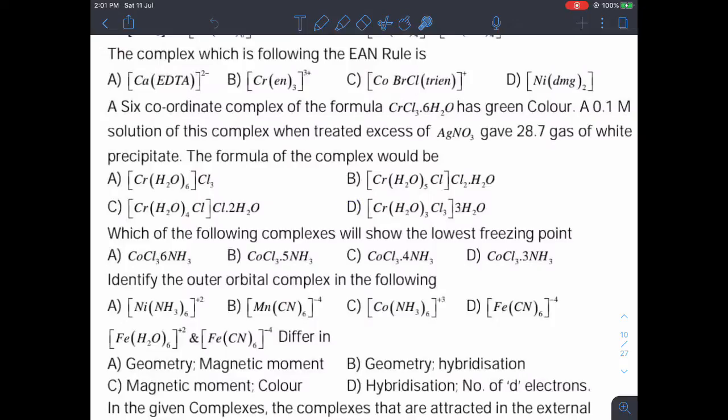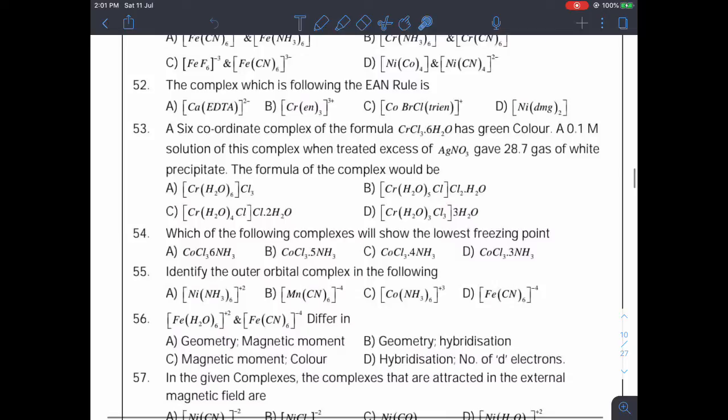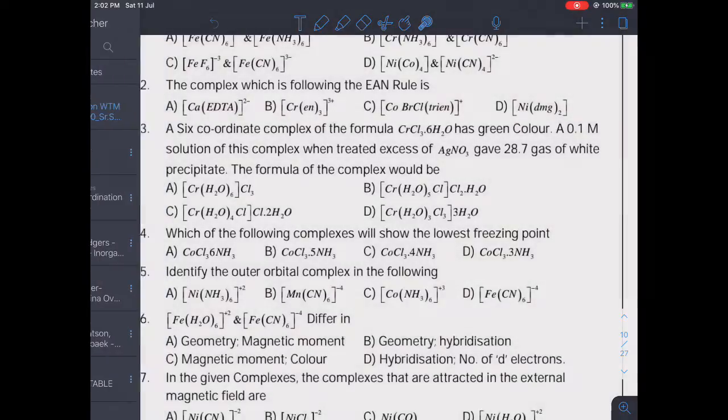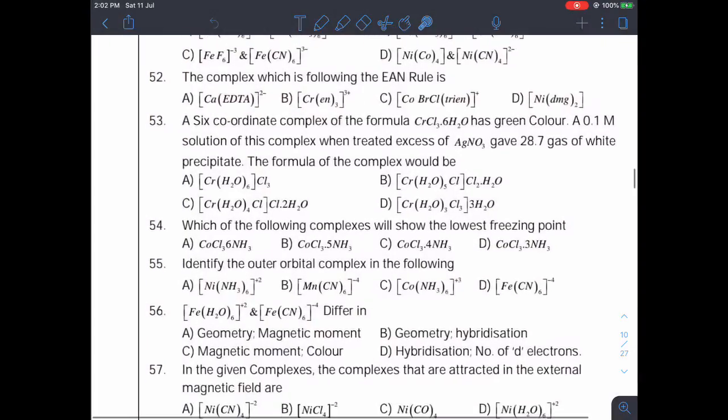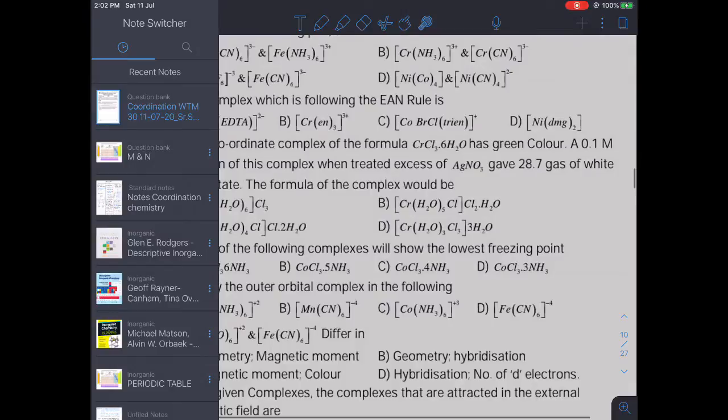For that, it is 0.1 molar. The correct thing should be written here as 0.1 mole in 1 liter. I think there should be an addition of one word, but it's okay. We will understand and take 1 liter by default. If 1 liter of some complex is taken, we don't know how many chlorines are outside.